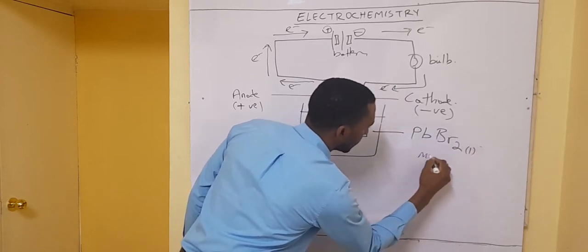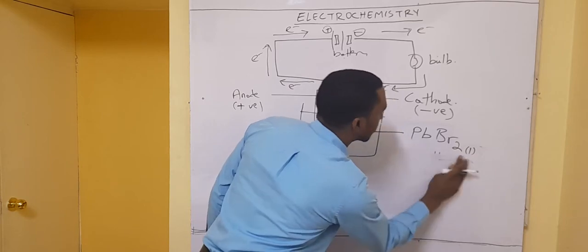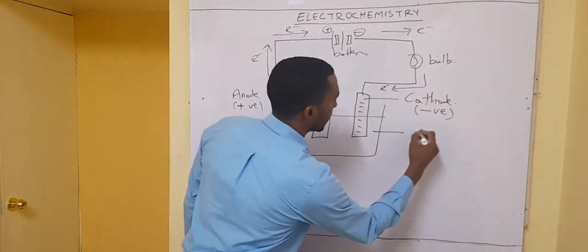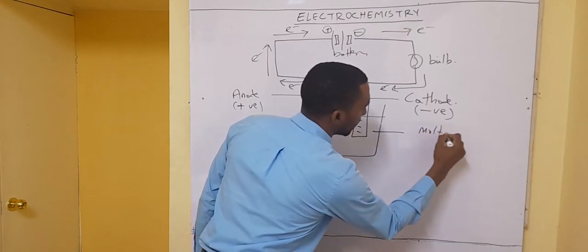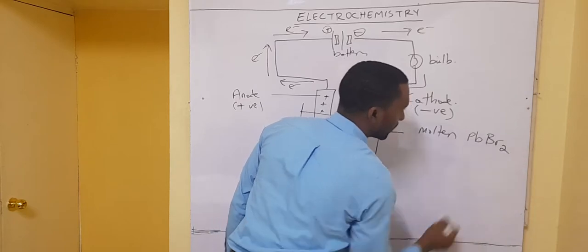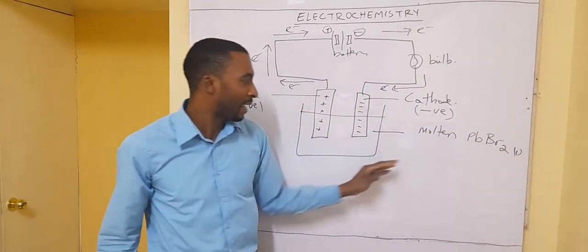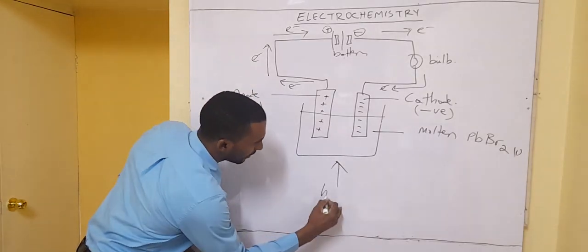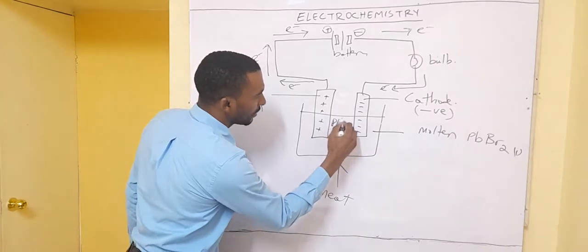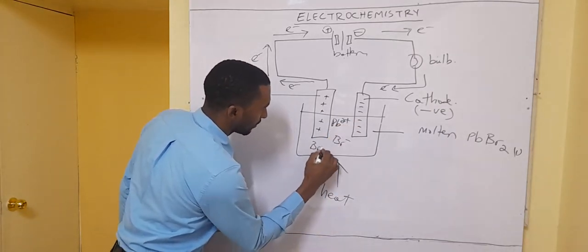So the electrolyte here is molten PbBr2. So it's a liquid state here. So we don't add any water to it. It's just the heat we supply here. So this will be like heat. So the only ions we'll have in solution are Pb2+ and Br-.